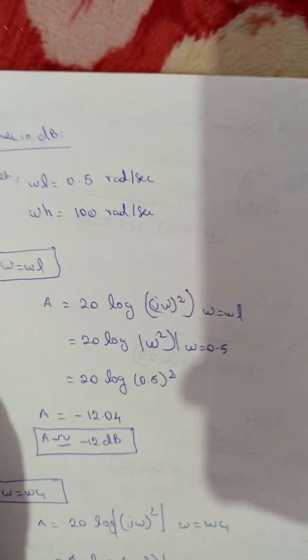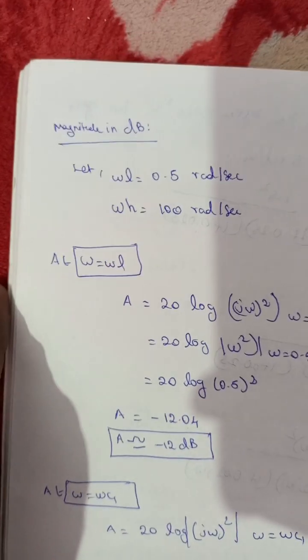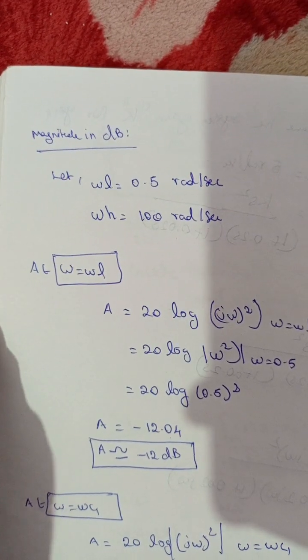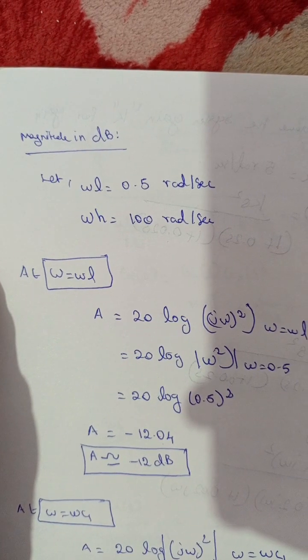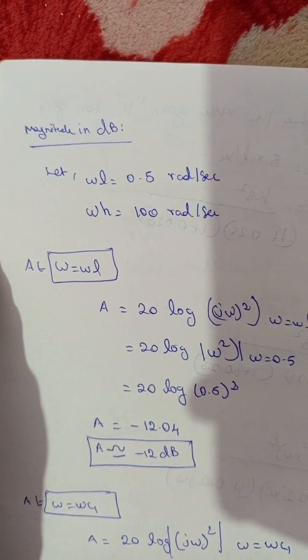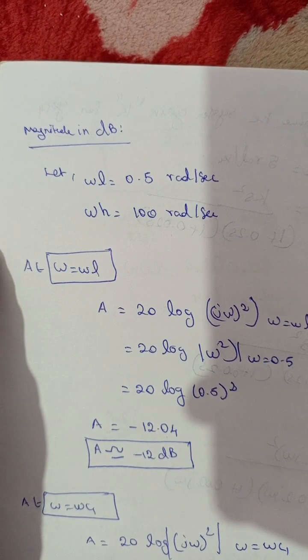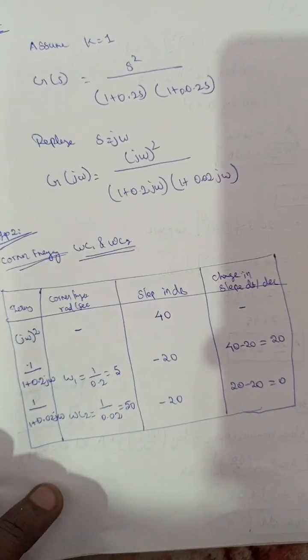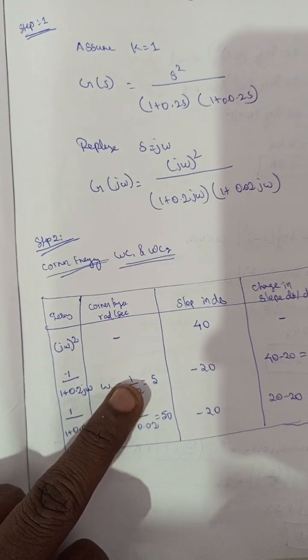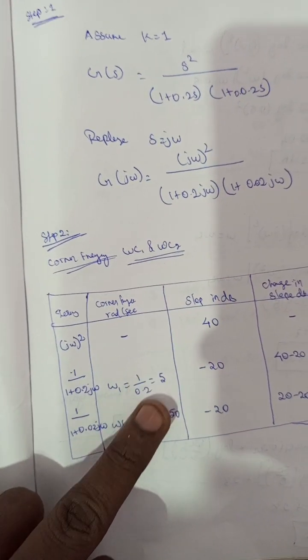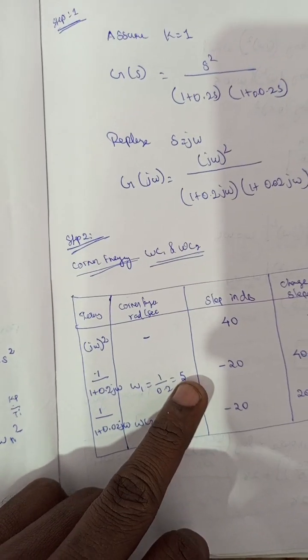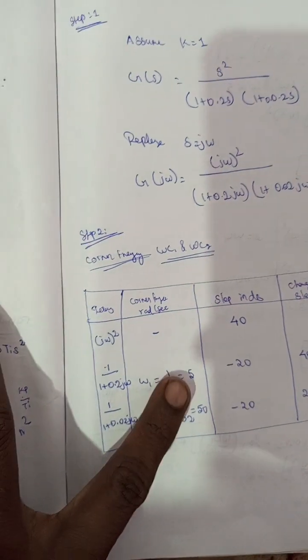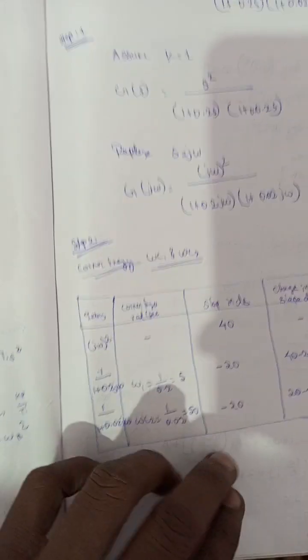Since we have to plot the magnitude in the graph, we have to take two additional points, one lower and one higher. We have ωc1 as 5 and ωc2 as 50, so we take a value lower than 5 and a value above 50.